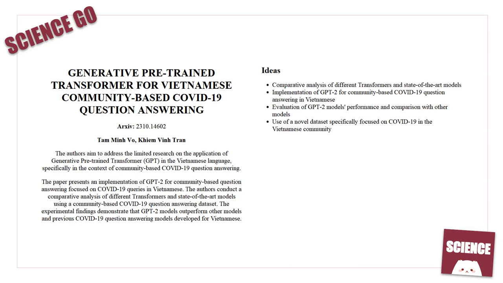They compared different models and found that GPT-2 was the most effective. They also created a new data set of COVID-19 questions in Vietnamese. This research is important because it helps people in the Vietnamese community get accurate information about COVID-19.